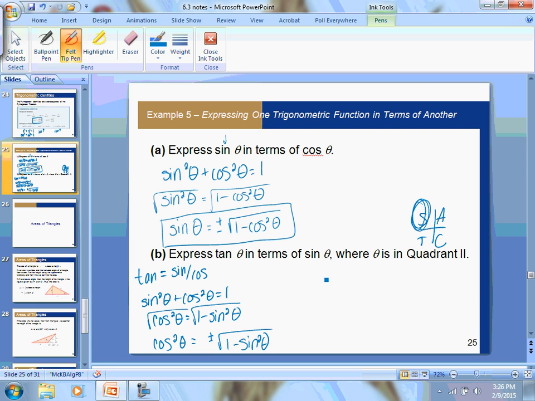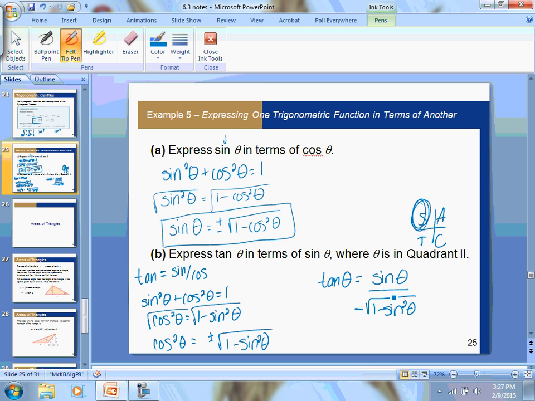So now I will have tangent of theta is going to be sine of theta over, now instead of cosine, I'm going to write this, 1 minus sine squared theta, and it's all going to be the square root. But now cosine in the second quadrant is going to be negative. So I need the negative value there.